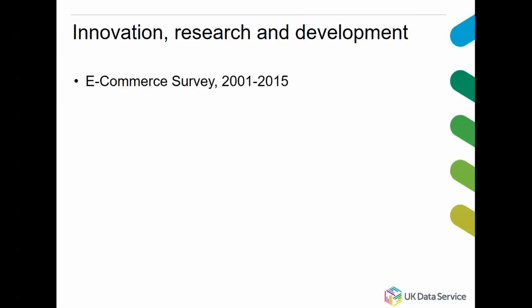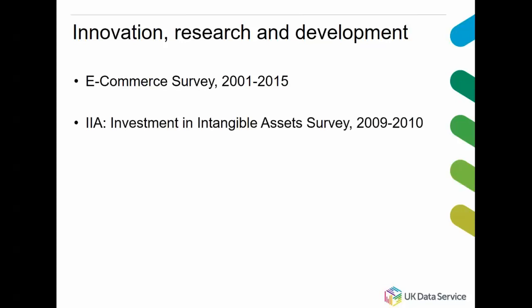This is just a selection, but we've got the e-commerce survey. This is the only survey to measure ICT activity and e-commerce within UK businesses, including foreign-owned. It samples UK businesses from most standard industrial classification codes, and it generally covers between 5,000 and 10,000 businesses.